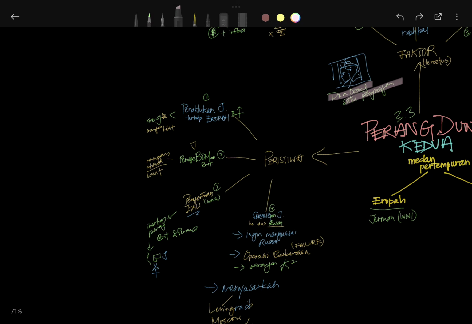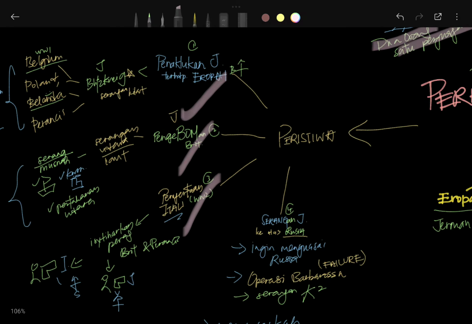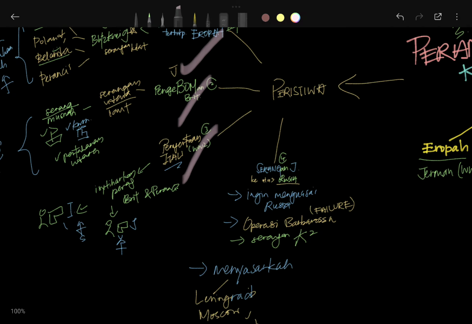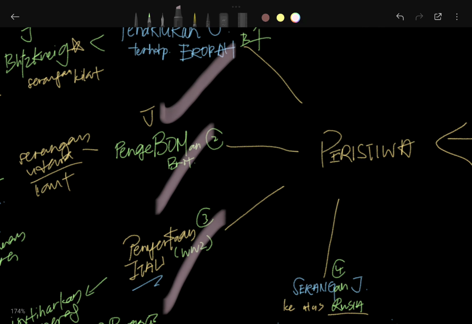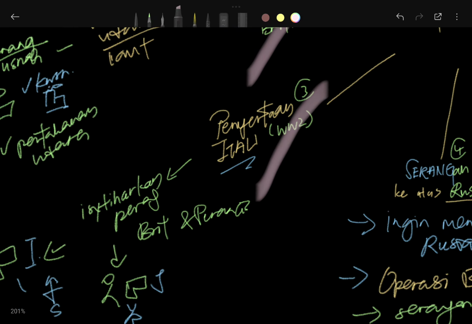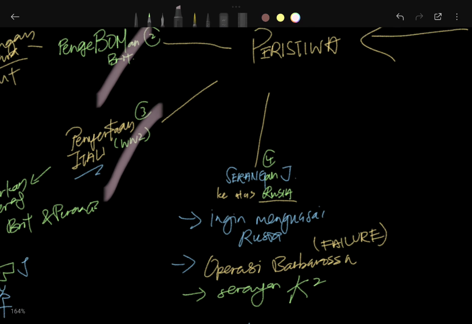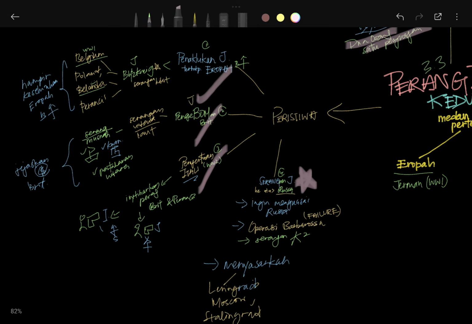Then we move on to the things that happened. These three things, very, very successful. Taking over Europe, with their blitzkrieg, their serangan kilat, bombing Britain, very, very successful. And then Italy joining in. But finally, the one that kind of set up the downfall, which was serangan Jerman ke atas Rusia, okay?